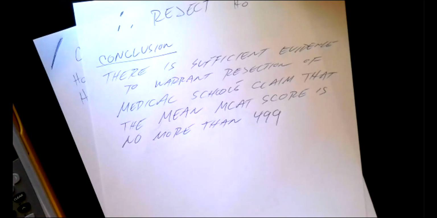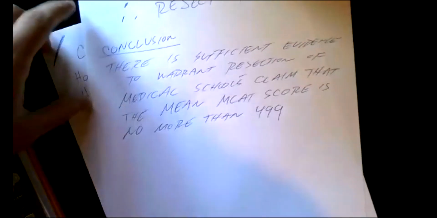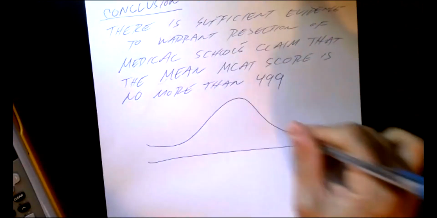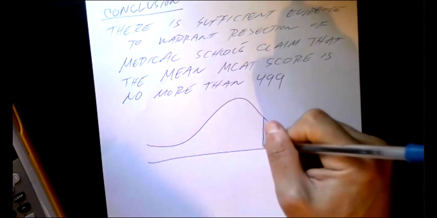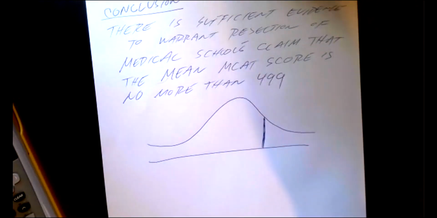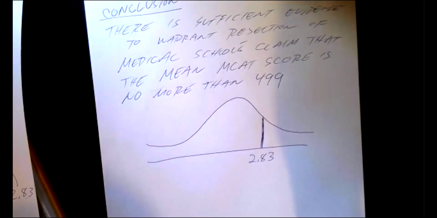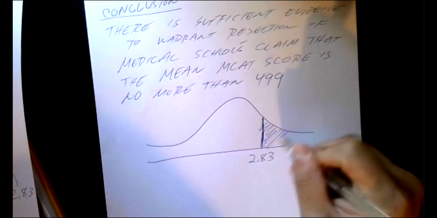Now, if you were to use the p-value method on this problem, still use the z-distribution, still right tail. The test statistic we got was 2.83. Now, the p-value is the area in the tail.